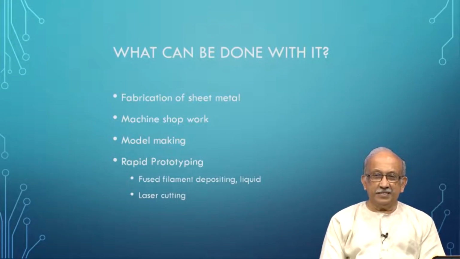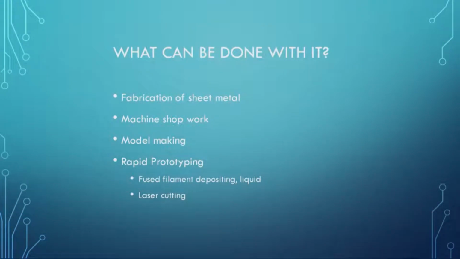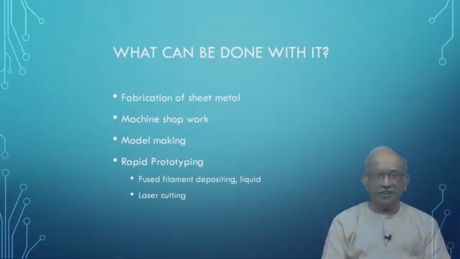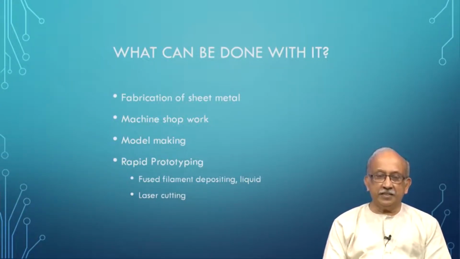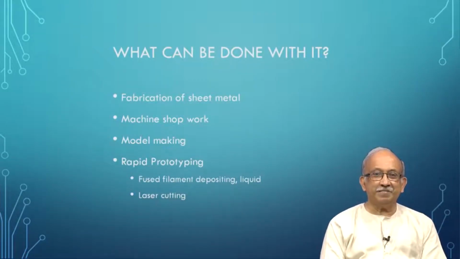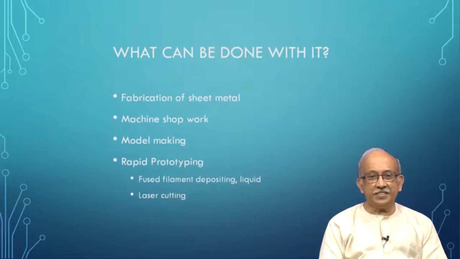It's slightly different. Printing is somehow still related to a two-dimensional object. Generically it is rapid prototyping. One variant is fused filament deposition, which we use, but otherwise many more complicated things are there. Then you have laser cutting.